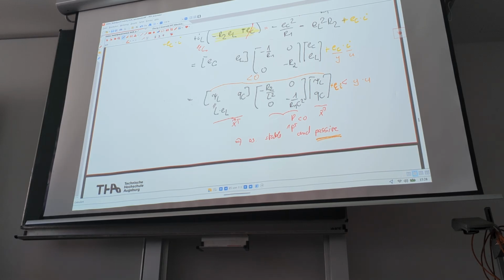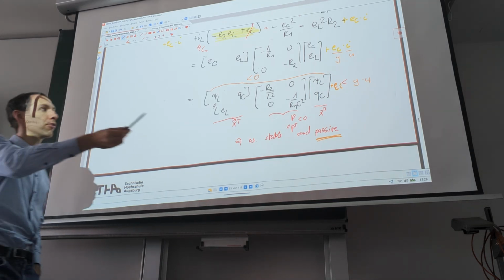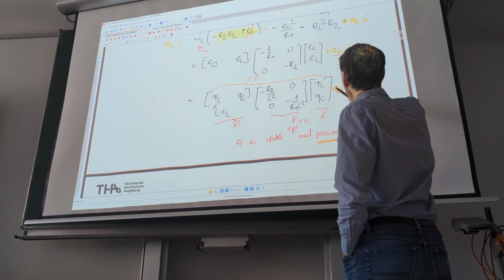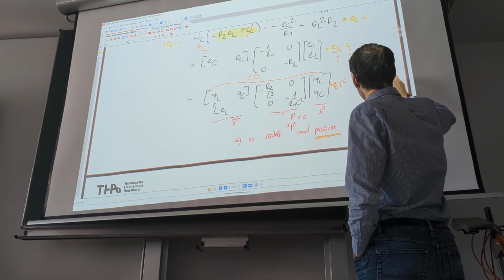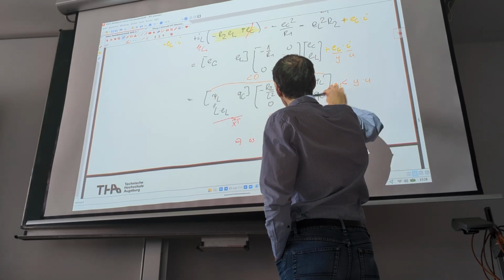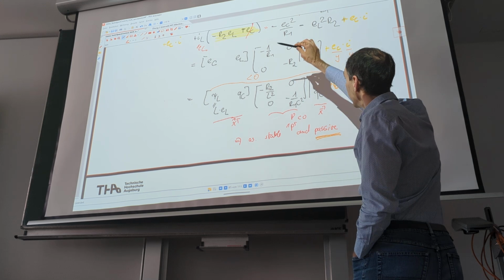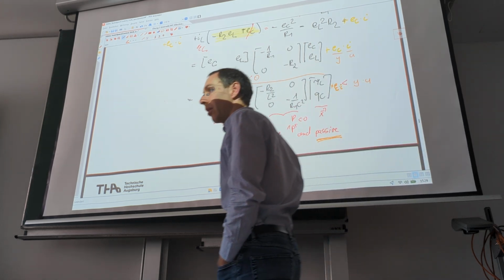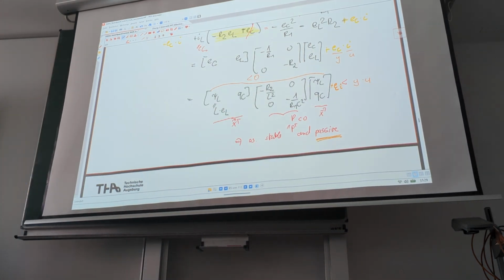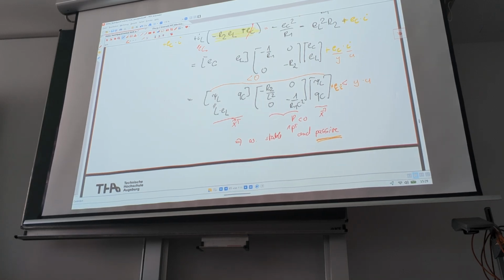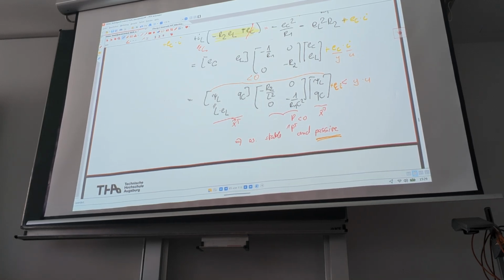We have an open system, so the input-output is basically the power supply. I is my input, EC is the output. Since this is negative definite as a quadratic expression, V dot is strictly less than y times u, therefore it is strictly passive, and that's also asymptotically stable.